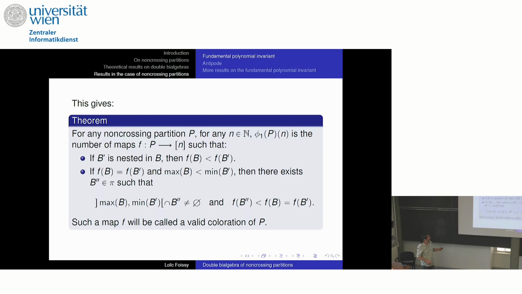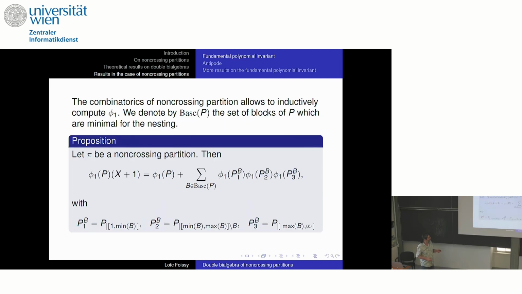But of course, because of this condition, you cannot have 2 elements of the base which are colored by 0, because they should be separated by an element colored by something lesser than 0. You don't have something like this. So at most, there is one element of the base which is colored by 0. And that gives it.